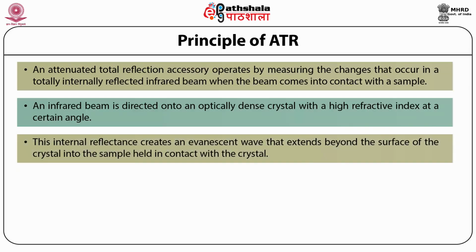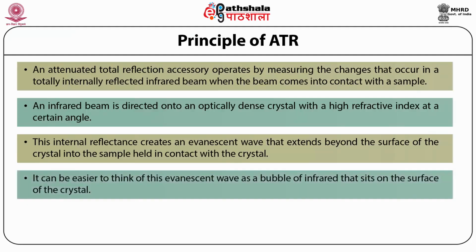This internal reflectance creates an evanescent wave that extends beyond the surface of the crystal into the sample held in contact with the crystal. It can be easier to think of this evanescent wave as a bubble of infrared that sits on the surface of the crystal.